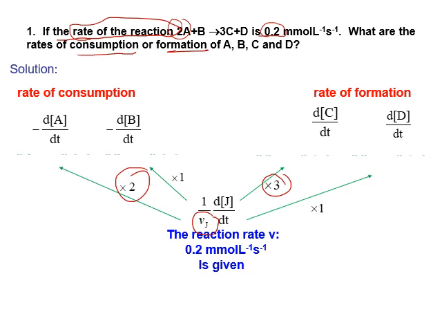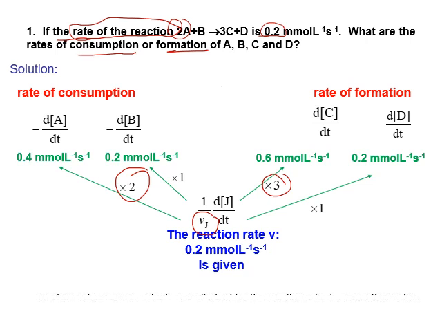And therefore, the answer is 0.4 millimole per liter per second for the rate of consumption of A, for B 0.2, for C 0.6, and for D 0.2. So the conclusion is, if we know the rate of reaction, we multiply by the coefficient to give you individual rates.